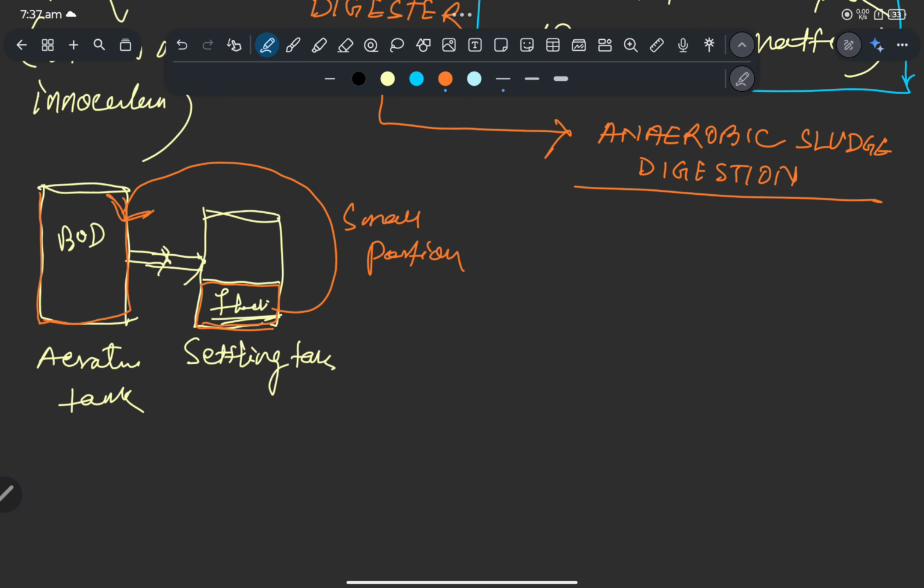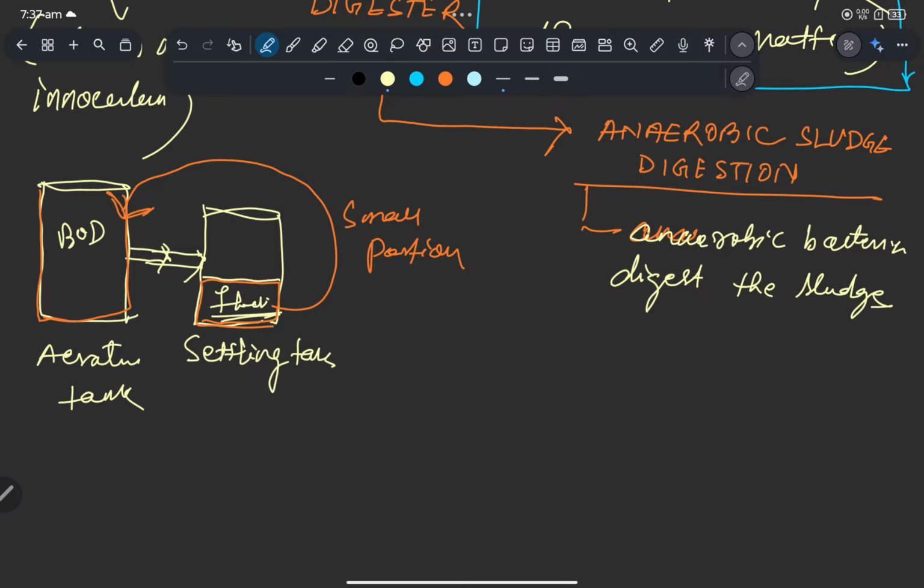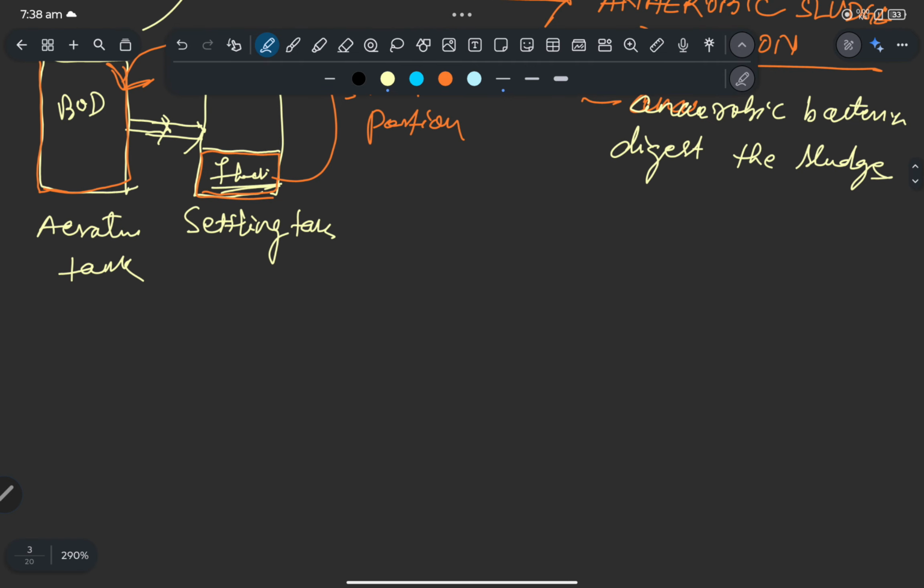So during this process let me change the anaerobic bacteria digest the sludge. So what is sludge? Sludge means the flock along with the remaining organic matter, undigested organic matter. So now what happens?